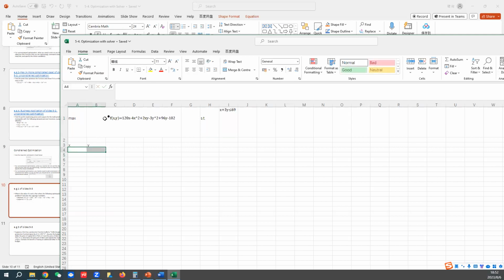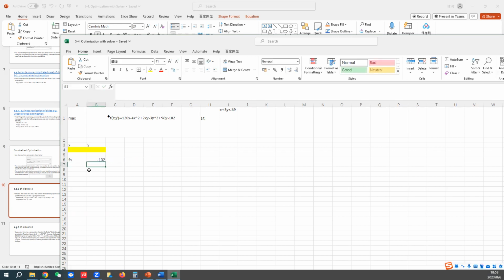First, determine x and y, and then we have a function value, which is 120x minus 4x squared plus 2xy minus 3y squared plus 96y minus 102. So this is the function: 120x minus 4x squared plus 2xy minus 3y squared plus 96y minus 102.